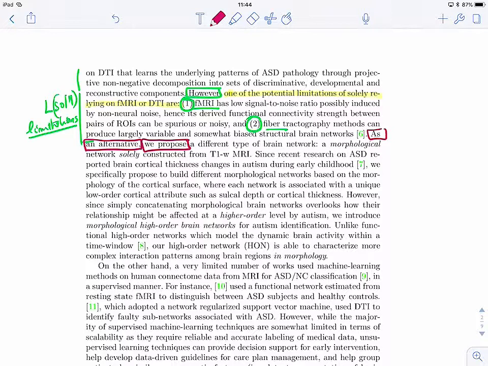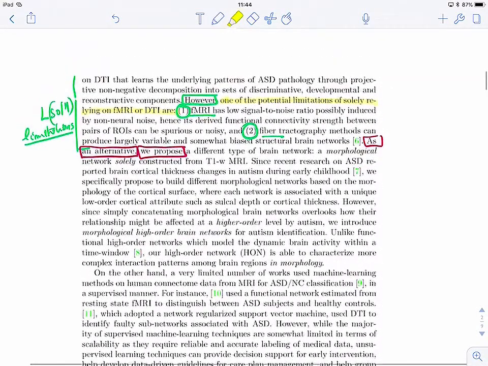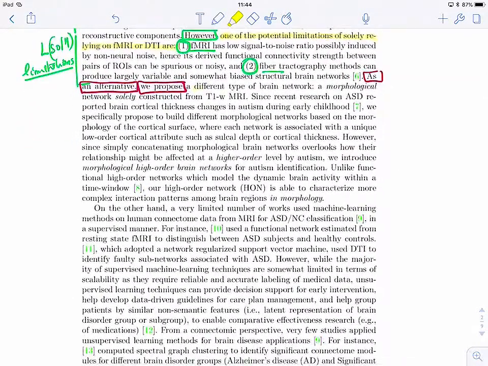So you always say we propose, we detail, it's writing in the active form, it makes things feel more real, and like you're holding ownership of your own work. So this is important. So this is the solution that is proposed in this paper: a different type of brain network we call the morphological network, constructed from T1 MRI.